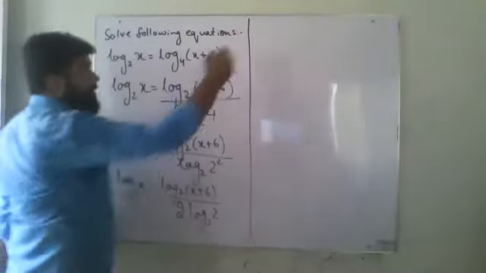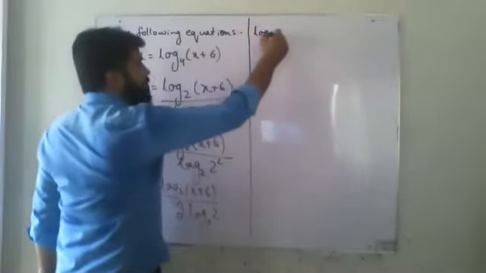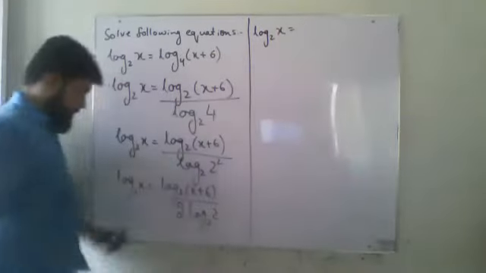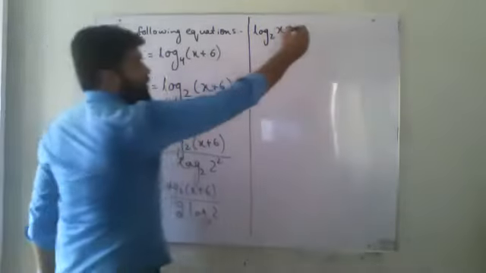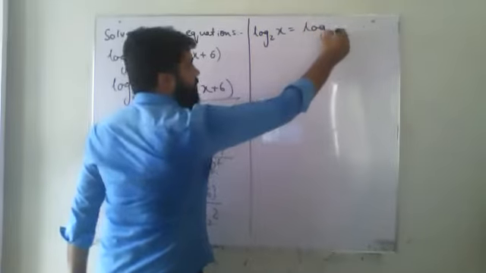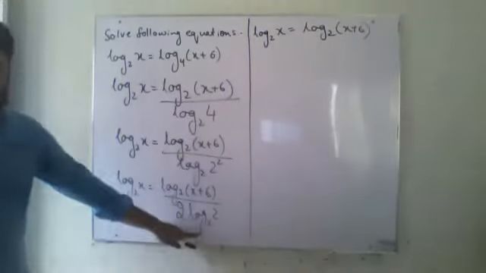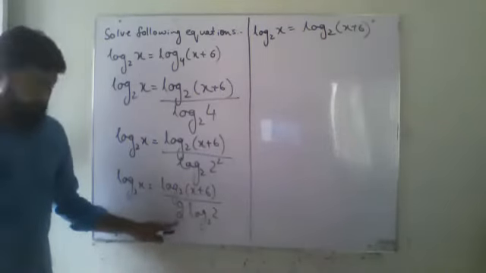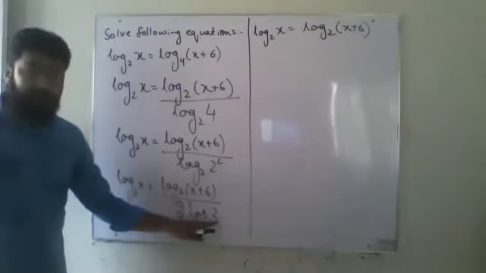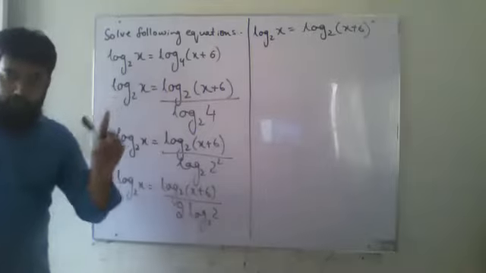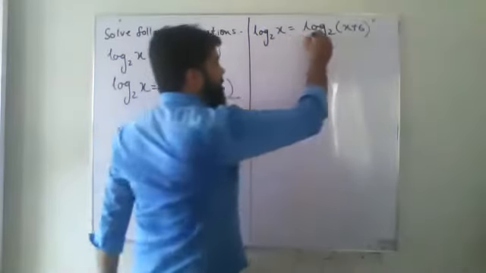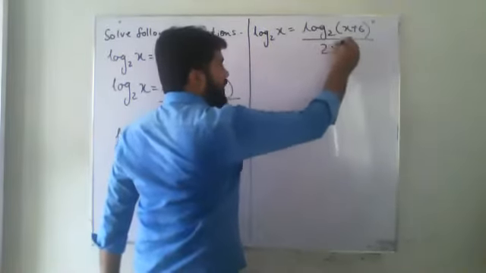Now this one, log base 2 of x, and this one, log base 2 of (x plus 6). And this 2 will remain 2, but log base 2 of 2 becomes 1, so I will have 2 into 1.